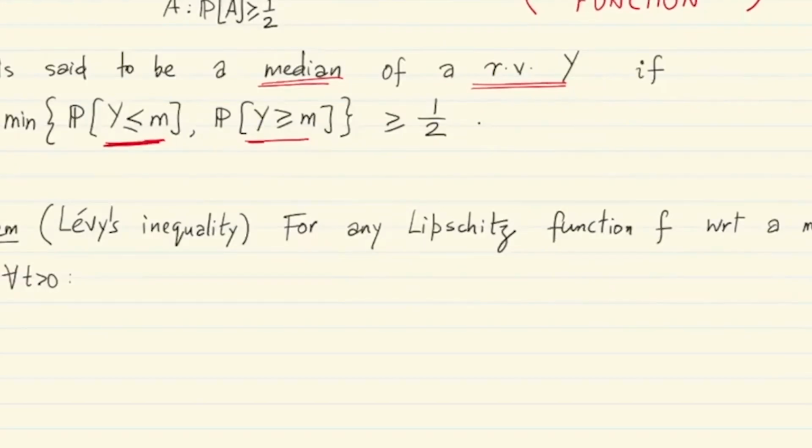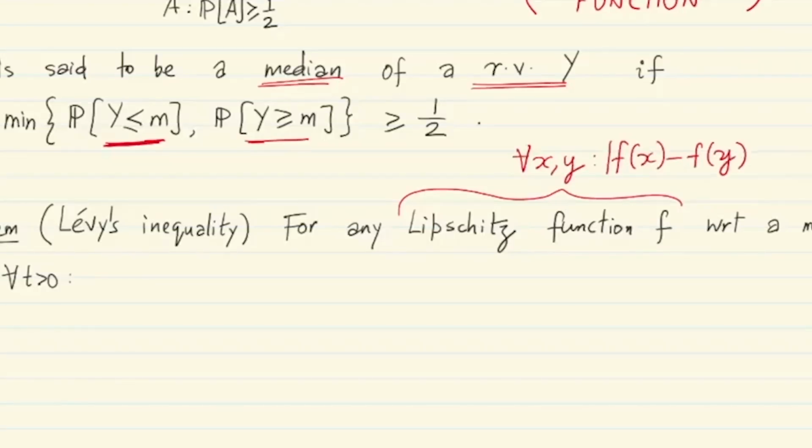Now by Lipschitz function, what do we mean? We mean exactly that for all x and y in the space, we have the absolute value of f of x minus f of y bounded by the metric distance between x and y. That's what it means to be a Lipschitz function.